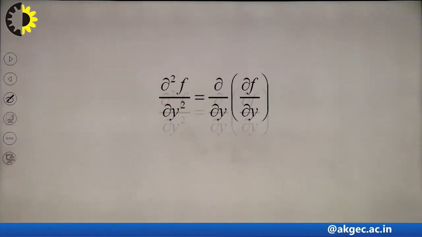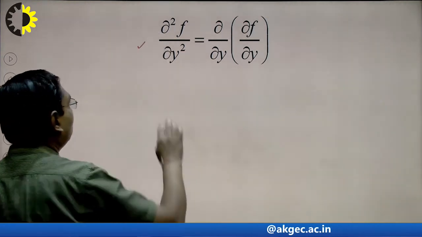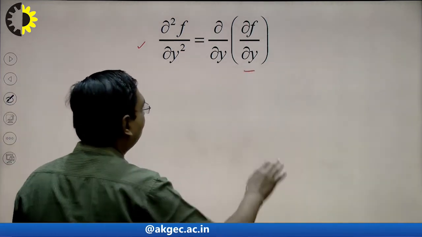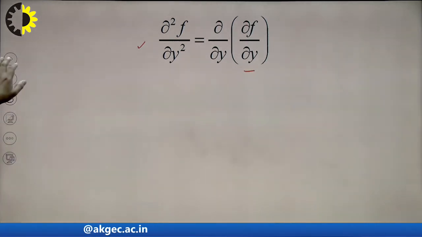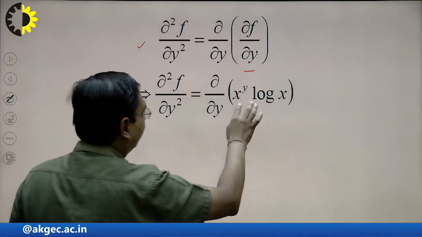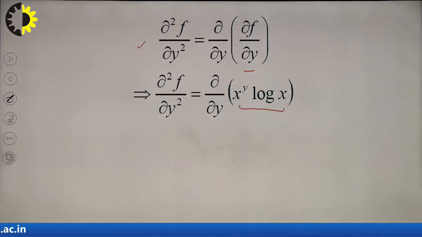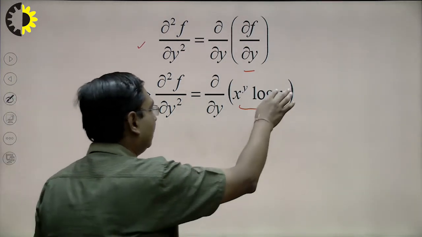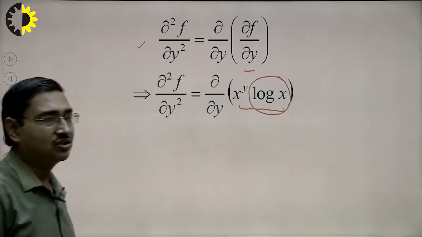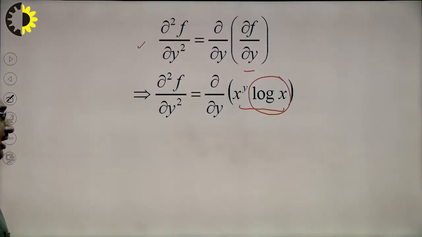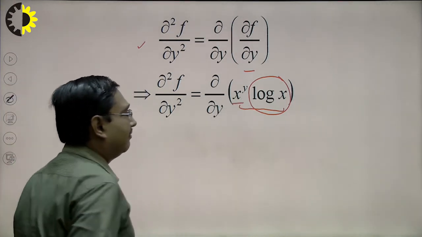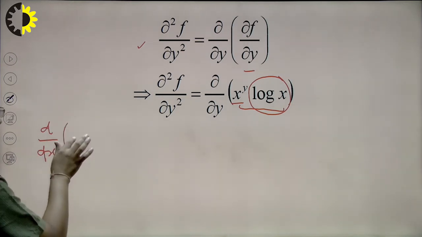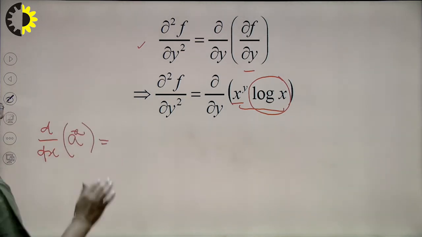Now next derivative is del 2f over del y square. Del 2f over del y square is nothing but del over del y of del f over del y. This del f over del y was calculated as x raised to the power y log x. When we shall differentiate it with respect to y, then this log x will be treated as constant, so it can be written outside, and this del upon del y of x raised to the power y will be differentiated using derivative of a raised to the power x.